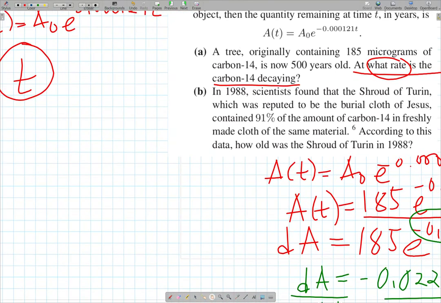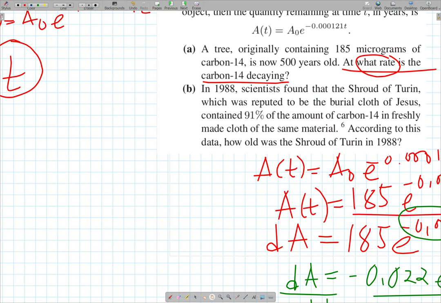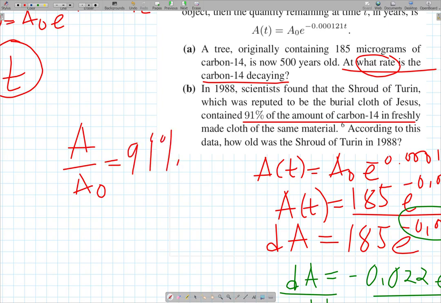So, ano ba ang ibig sabihin ng scientists found that the shroud of Turin, which was reputed to be the burial cloth of Jesus, contained 91% of the amount of carbon-14. Ang ibig sabihin, class, ng 91% amount of carbon-14 as freshly made cloth of the same material, that is actually A over AO, which is 91% or 0.91.